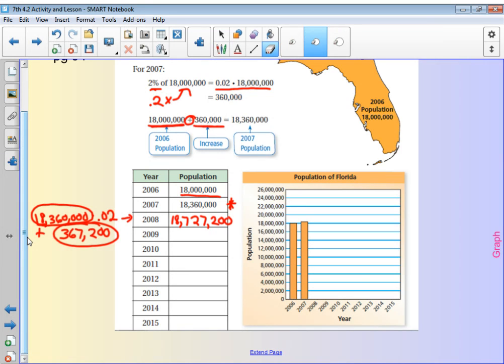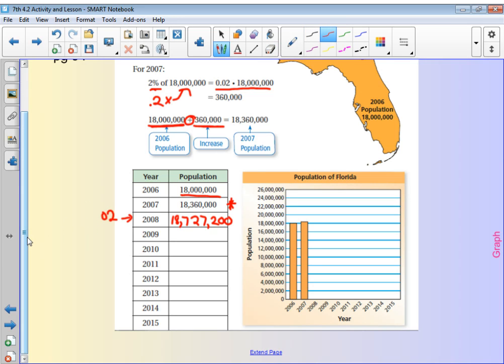Okay, so let's do one more of these. This time all I'm going to do is substitute in. I'm still going to find 2% of that, but now it's 2% of this number here that I have. So I'm going to punch in my 18,727,200 times my 2% or 0.02.